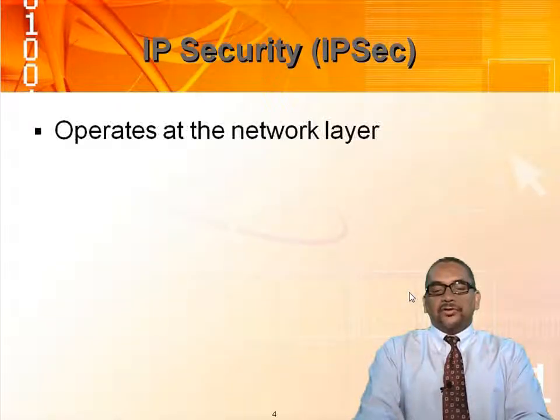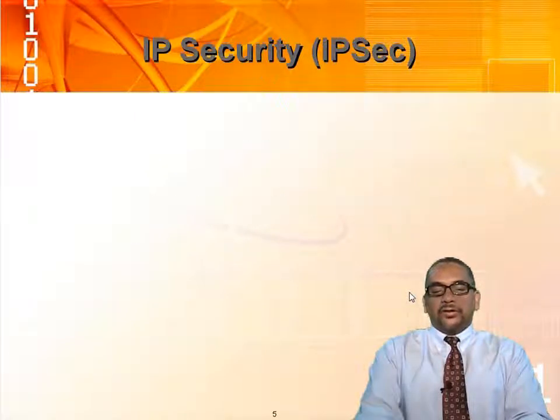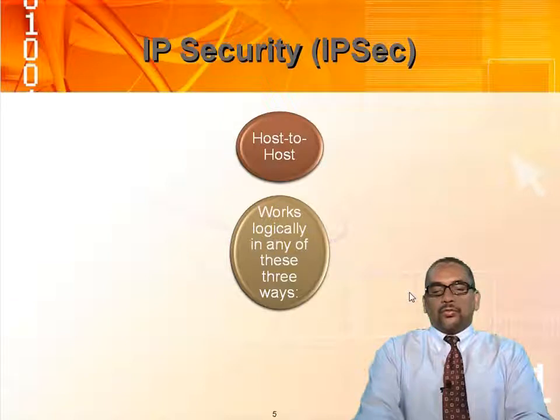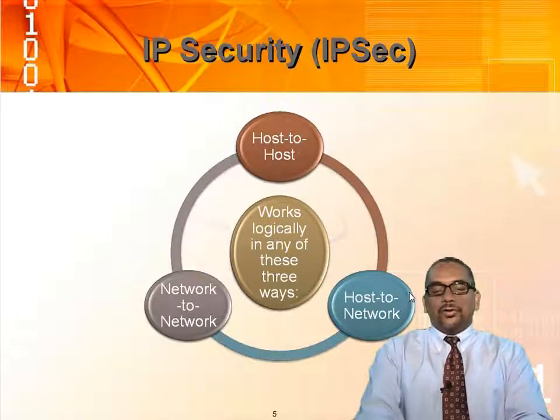IPSec is another layer or another area of security that we can have on a network. This operates at the network layer. This enables secure connections on the internet, and it works in three ways: either host to host, host to network, or network to network.